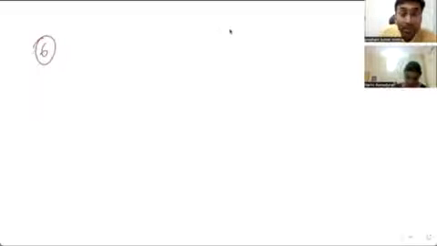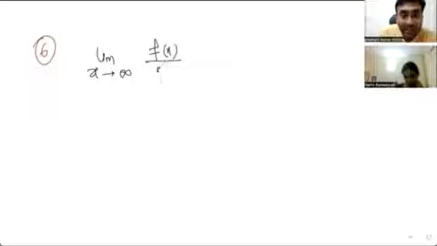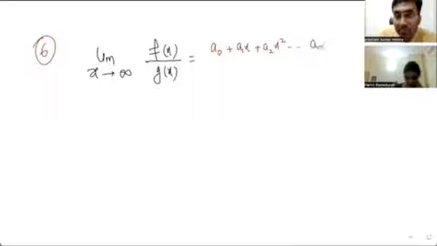Next one, 6th point is, let's say we have a function limit x tending to infinity, in which the polynomial numerator is fx and denominator is gx. The polynomial is given in the format a0 plus a1x plus a2x squared, and so on, and the last term is amx raised to the power n.